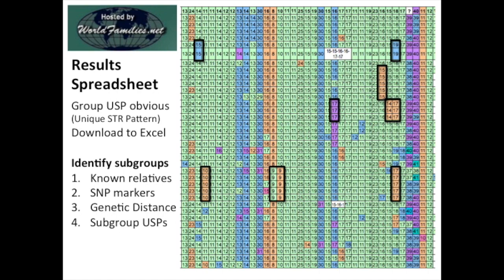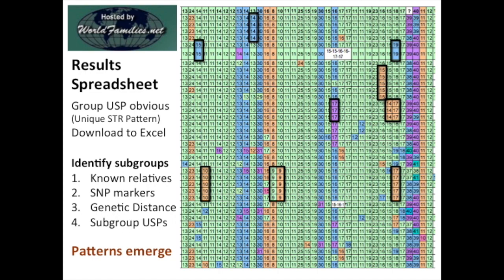But it's still something that you put in the back of your head and think, could these people all be related because they have the same marker value and nobody else, or maybe only 1 or 2 people, have that marker value in the entire group. There's also a group of people up there with 14 for that particular marker. So those are the unique STR patterns for subgroups within the overall group.